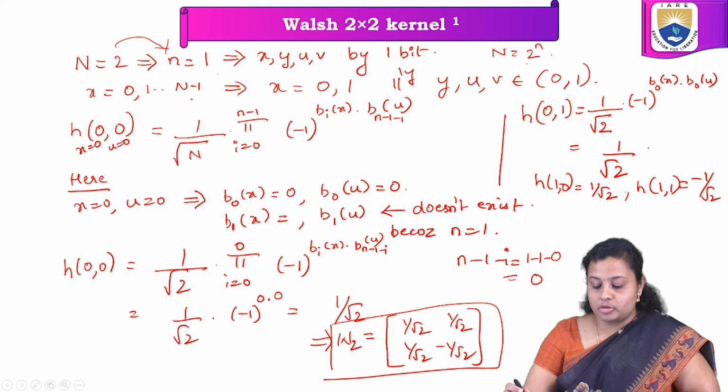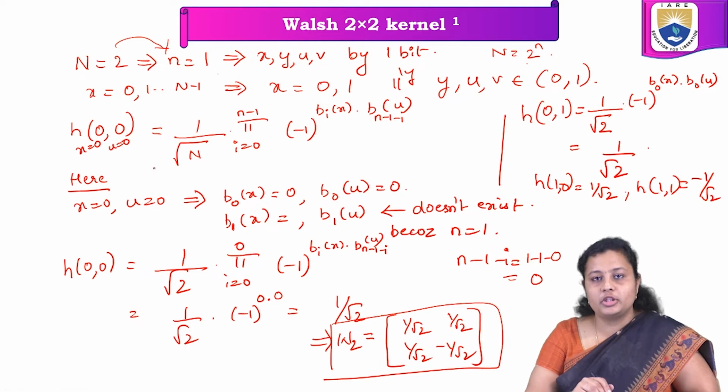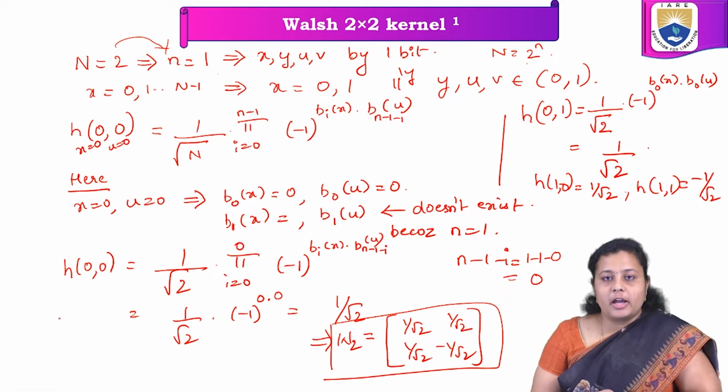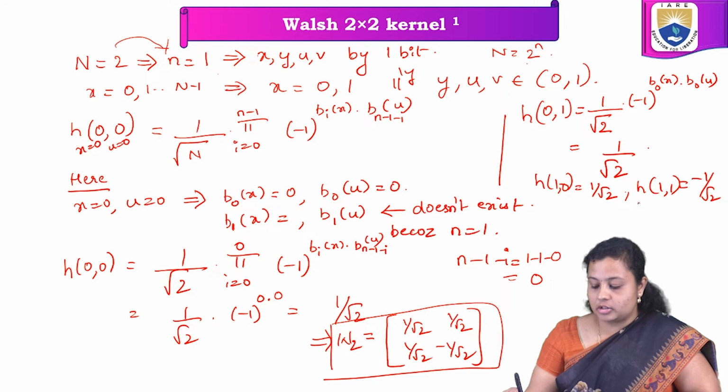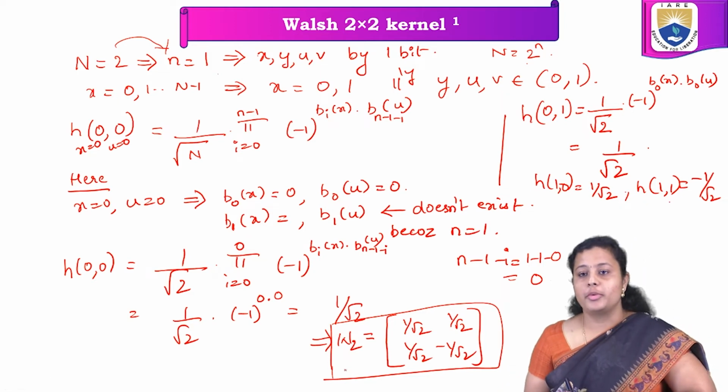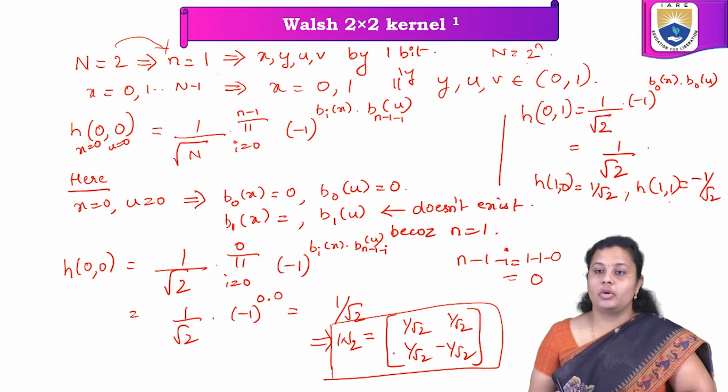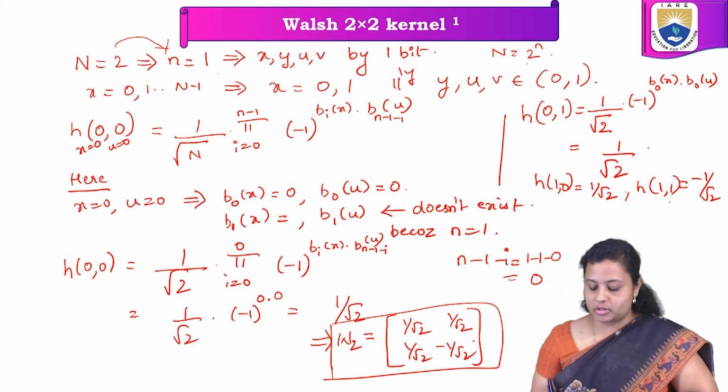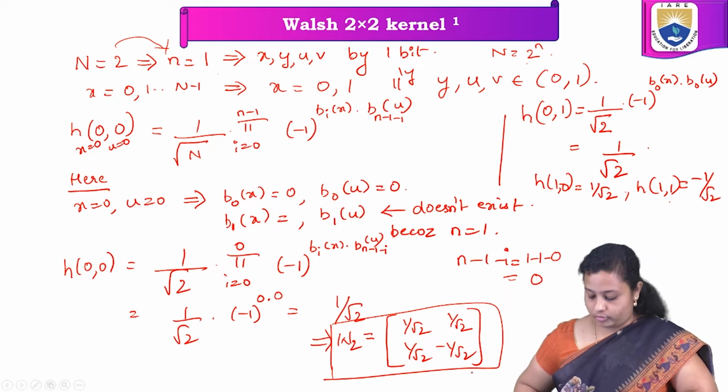So the possible combinations for x and u are 0, 0; 0, 1; 1, 0; and 1, 1. From there we calculate h of 0, 0, h of 0, 1, h of 1, 0, and h of 1, 1. That can be represented in matrix form, where W2 is equal to 1 by square root of 2 times the matrix with entries 1, 1, 1, and minus 1.